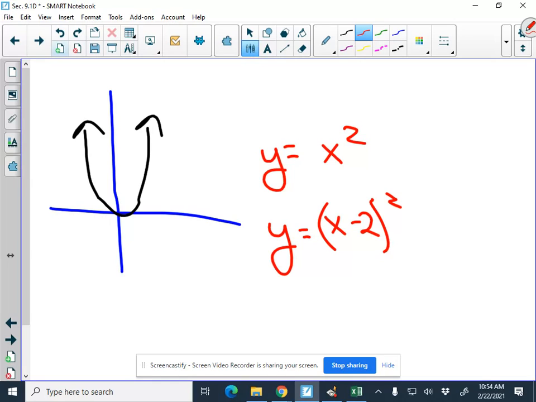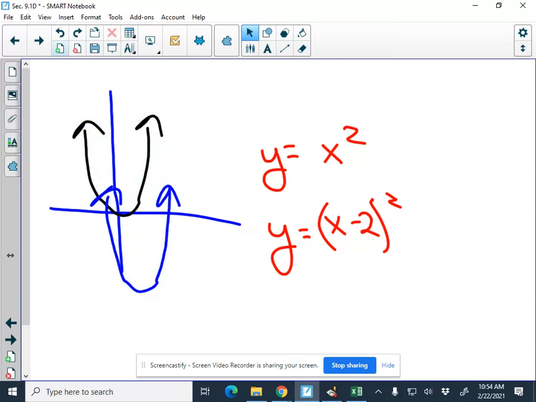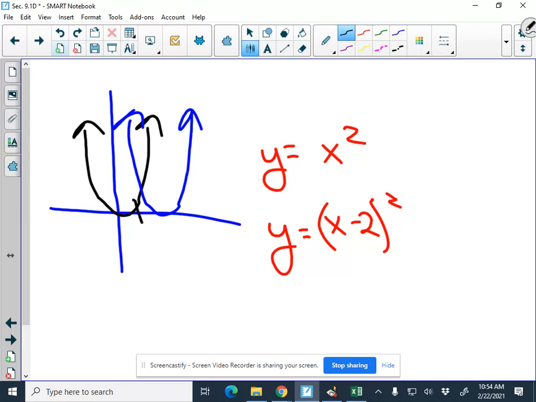We might say, well, minus 2, that would move it to the left. But minus 2 moves it 2 to the right. Okay? So instead of being here, our graph moves 1, 2 to the right because of this. So this is right 2.